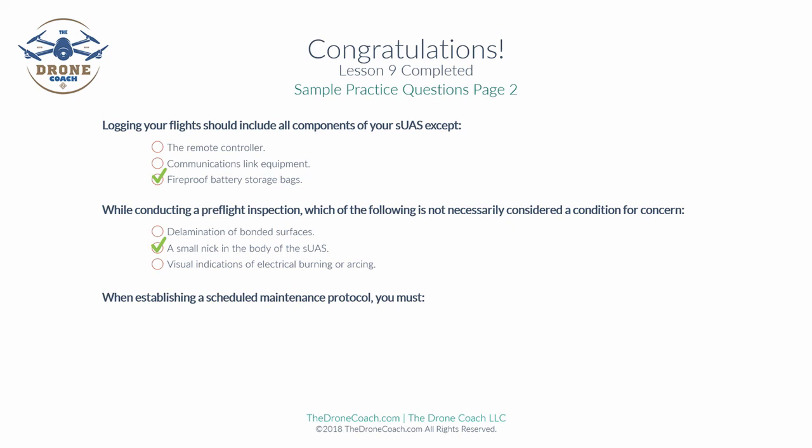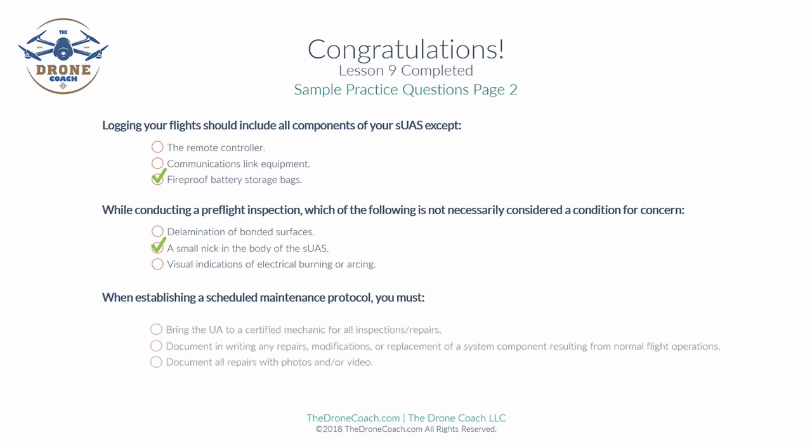When establishing a scheduled maintenance protocol, the remote pilot must bring the UA to a certified mechanic, document in writing any repairs, modifications, or replacement of the system component, or document all repairs with photos and/or video.